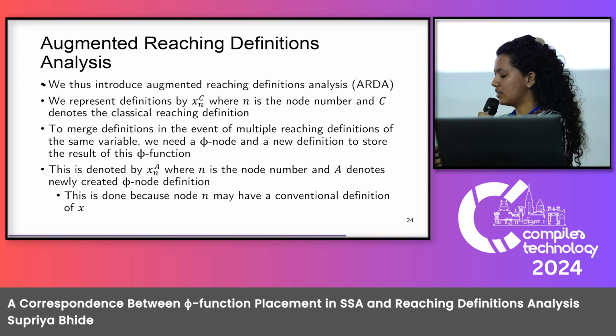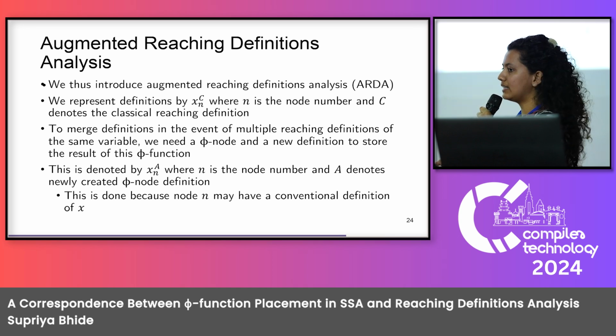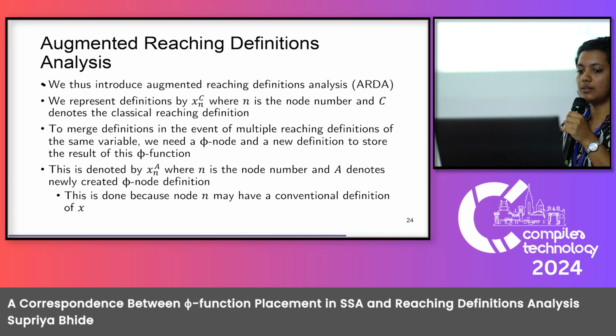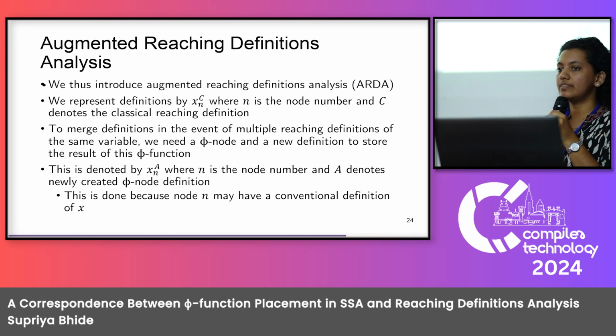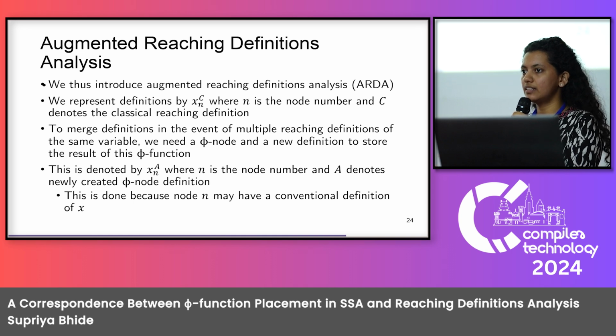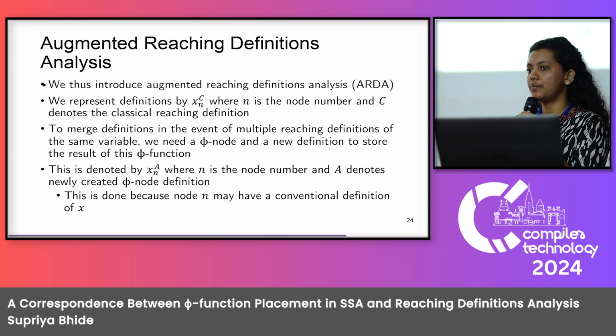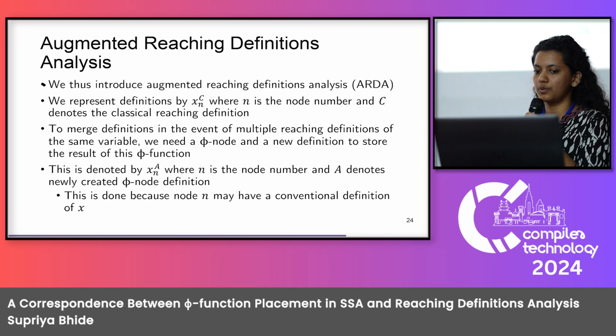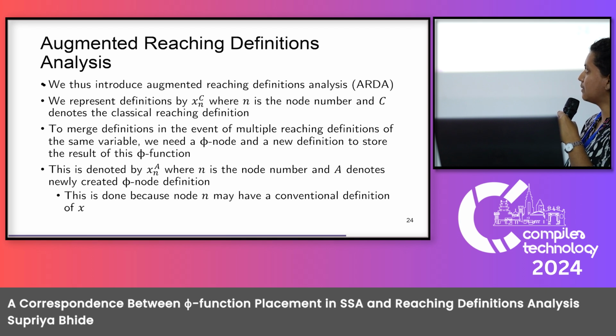We denote those definitions by the name X_N^A, where N is again the node number, and A denotes an augmented definition. This is done because we are naming the definitions based on the node number that they're generated in. And it's possible that in the node where we are inserting a newly generated augmented definition, a definition for that particular variable may already exist, something like x equal to x plus 1 or so. So we need this superscript to distinguish between these definitions.